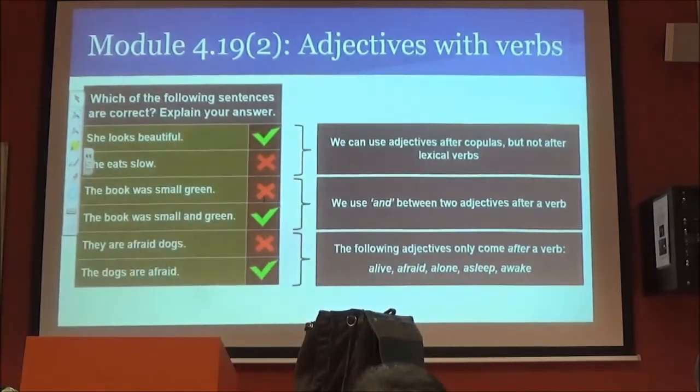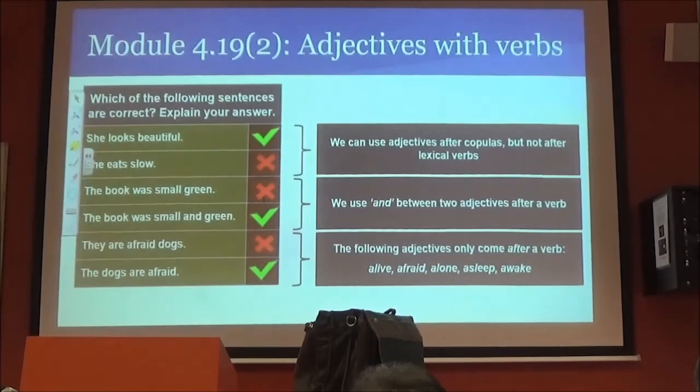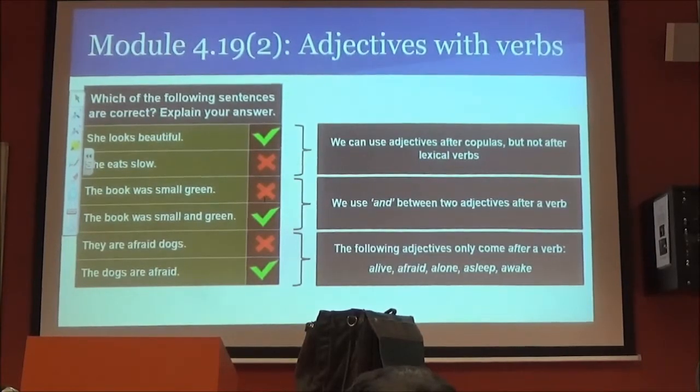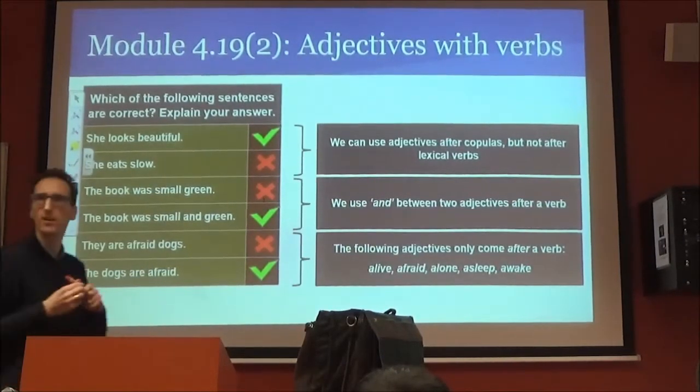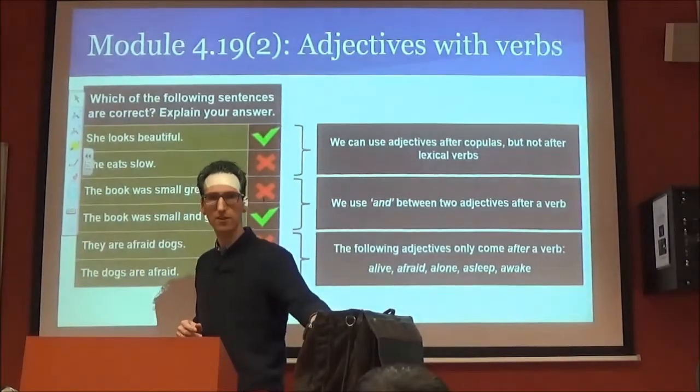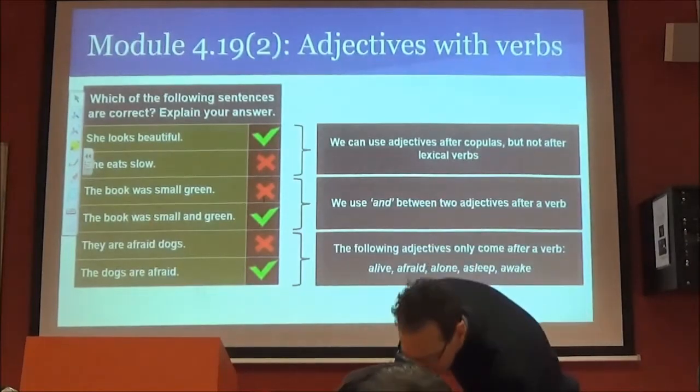This is the difference between, and this is not a term you need to know for the test, but it's good to know this. Adjectives can be predicative or attributive.